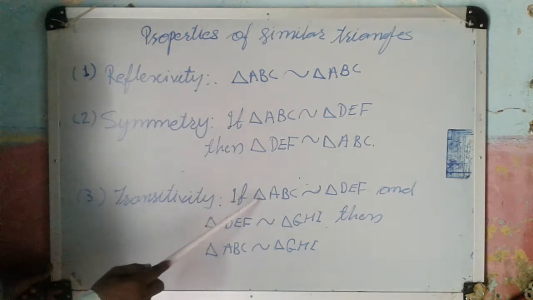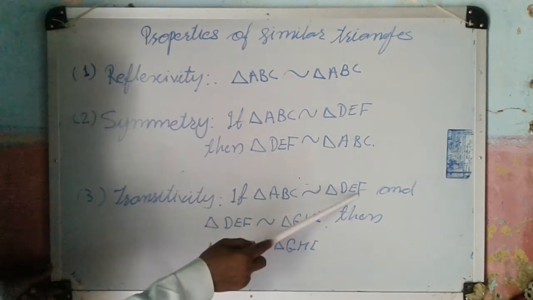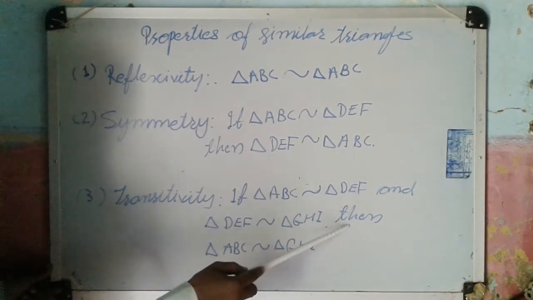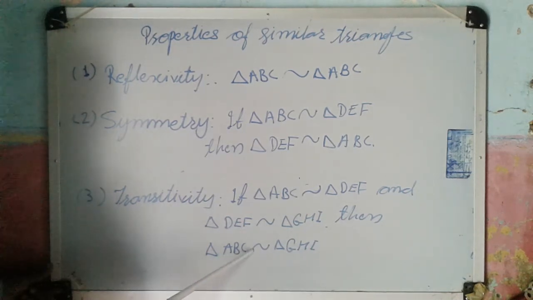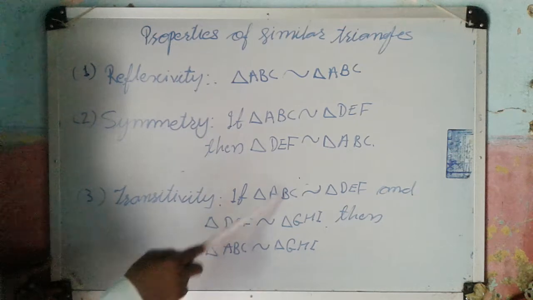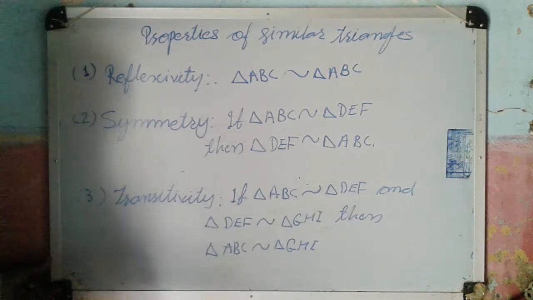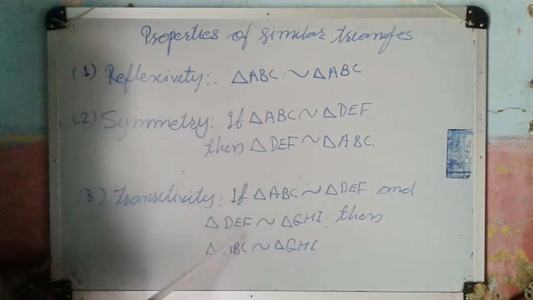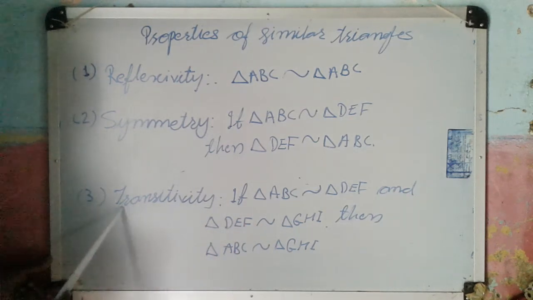If triangle ABC is similar to triangle DEF and triangle DEF is similar to triangle GHI, then triangle ABC is similar to triangle GHI. That means all these three triangles are similar to each other. This property is known as transitivity.